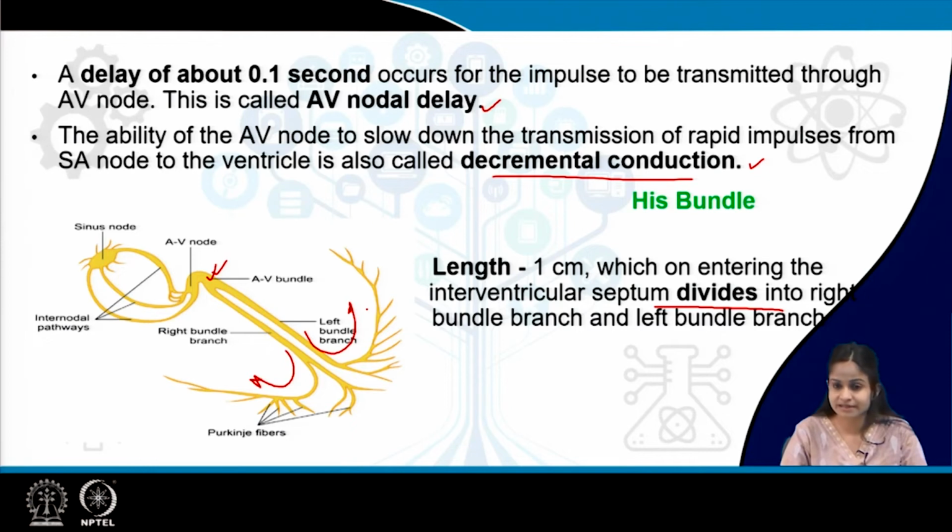The right bundle branch is longer and thinner because the thickness of the right ventricle is comparatively less than that of the left ventricle. The left bundle branch usually gives rise to two branches.